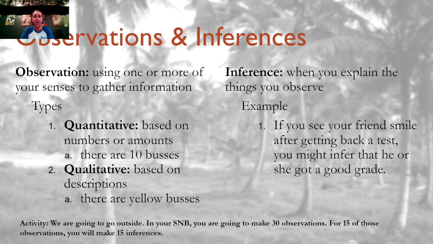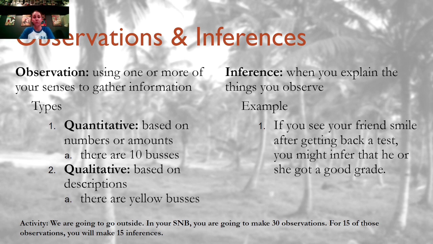If I see a friend and we're getting our test back and they're smiling, I can infer that they just got a good grade on their test. And again, I see 10 yellow buses. Okay, why do I see 10 yellow buses? It must be the end of the school day. That's why the buses are here. So I can try to explain what I just saw, heard, touched, etc.